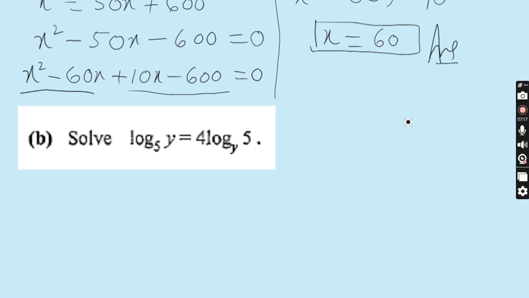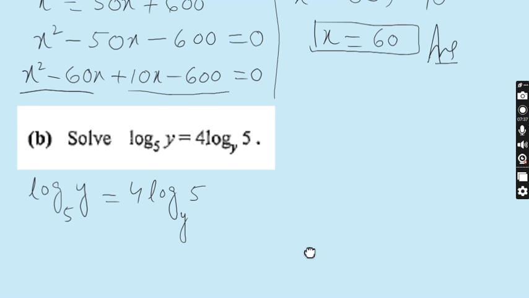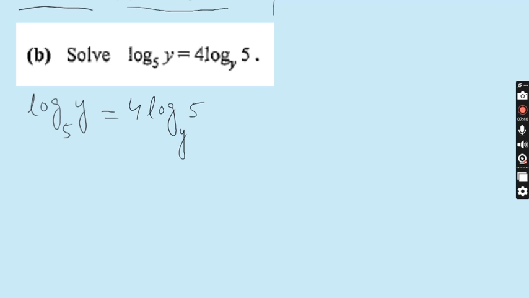So part B is log base 5 of y is equal to 4 log base y of 5. Again you are seeing a logarithmic equation, but this time the base is not 10. The base is given. On the left hand side the logarithm base is 5 and on the right hand side the logarithm base is y.